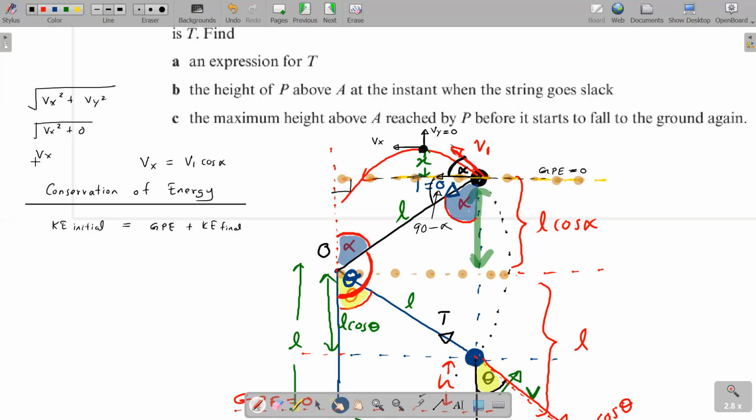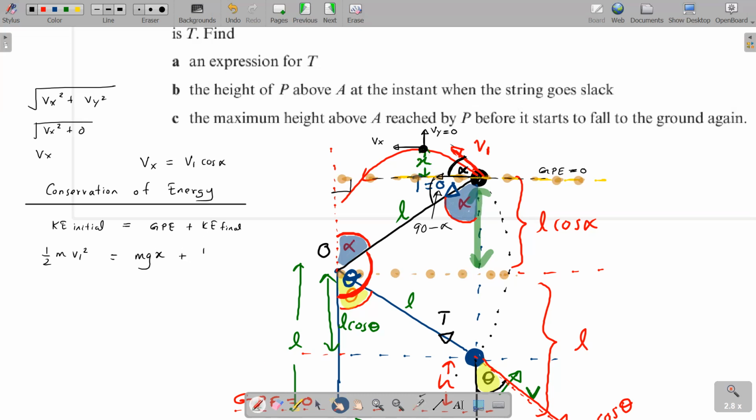All right, so kinetic energy initial is half m v1 square. Over here, we don't need to resolve because we already have the speed. GPE, mgh, is mgx, because I have used this height as x.